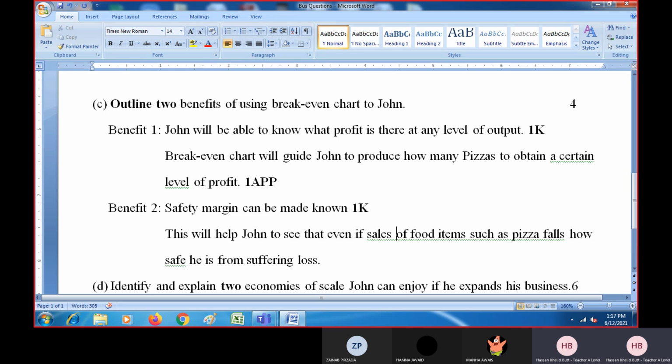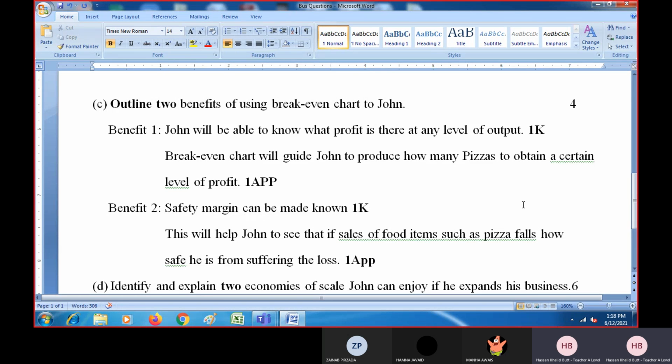So this is fine. This will help John to see that if sales of food items such as pizza falls, how safe he is from suffering the loss, right? So this is it. And we'll get 1 more mark for the application. So this is how we'll get full marks.